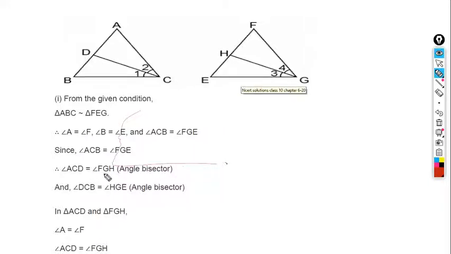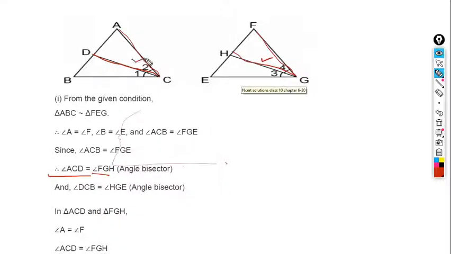As they are angle bisectors, angle ACD, that means angle 2, is equal to angle FGH, this angle.